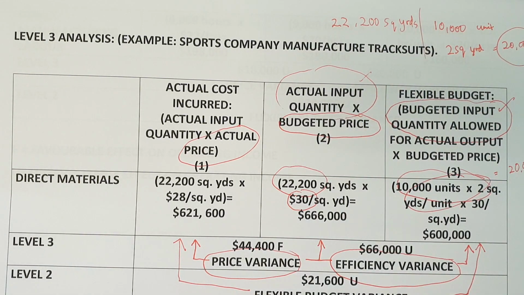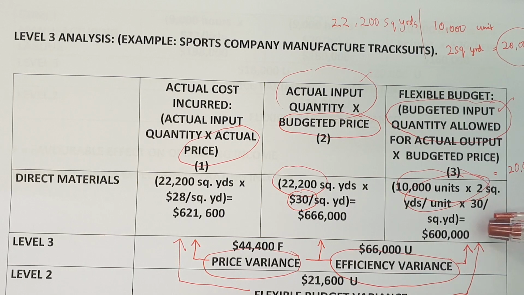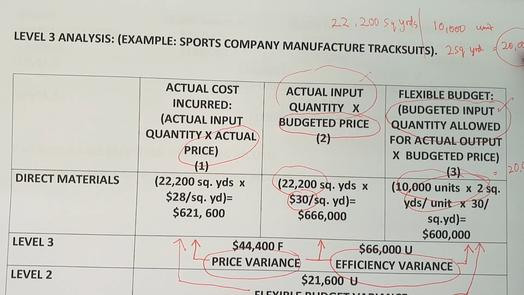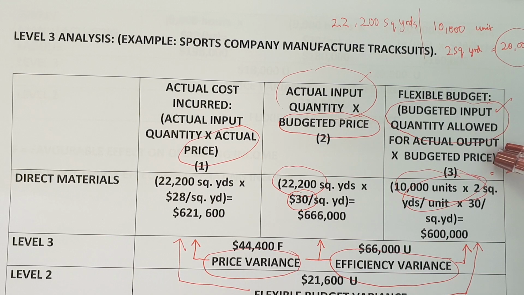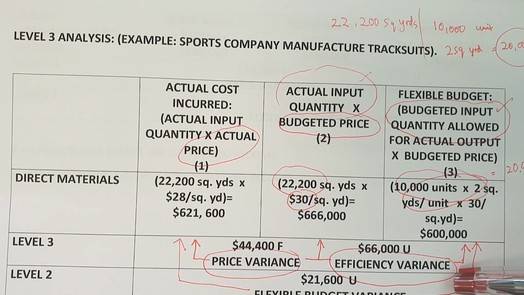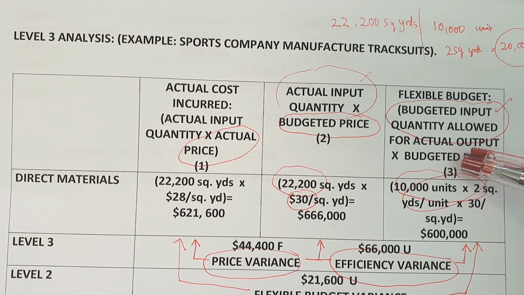So as a management accountant, we have to think further about why this situation happened, why it is not similar to what we budgeted. Is it possibly because the quality of the material is low, so that it leads to inefficiency in our production?